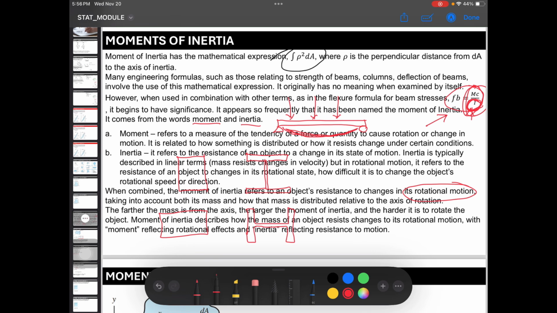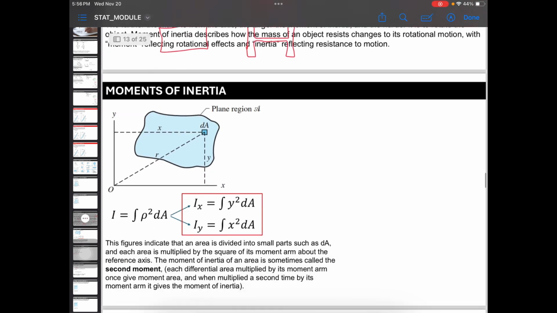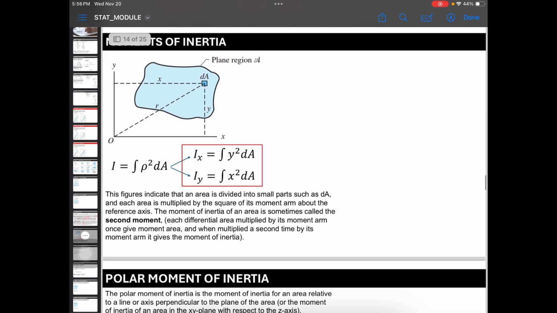Pero kapag tinayo mo yung ruler, yung cross-section niya nakatayo, so mas mahirap siyang i-bend. Dahil yon sa moment of inertia. Mas mataas ang moment of inertia ng mga nakatayo na orientation, at sa I, mas mataas ang moment of inertia kapag nakatayo ang I ng ganito.